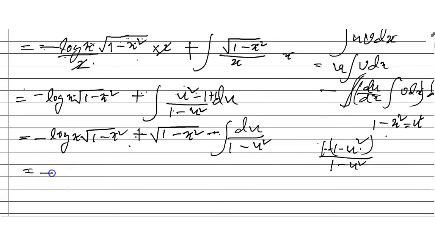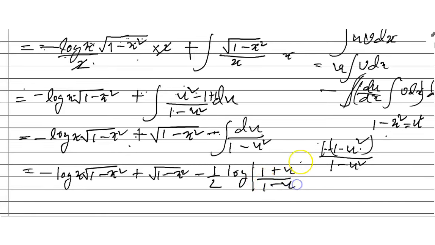So taking the formula, log x root over 1 minus x square plus root over 1 minus x square, half into log 1 plus u divided by 1 minus u.